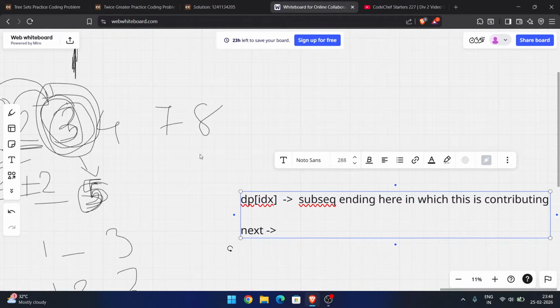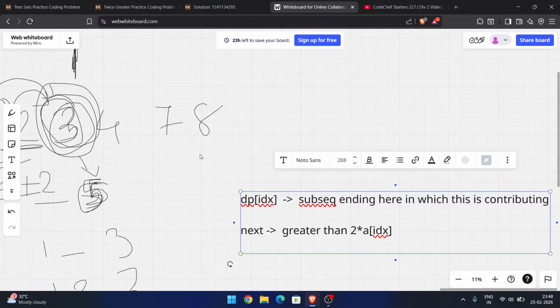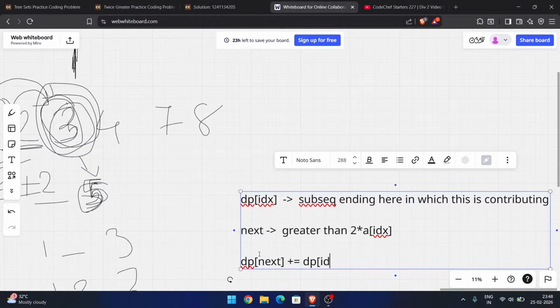The next index should be greater than 2 times a of i. Whatever the value at this index, the next index should be greater than this. So if I know the index for that, then whatever the answer was till here, that would be added, but how many times would that be added?